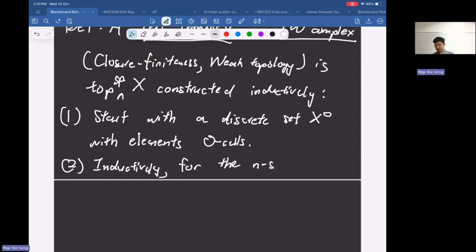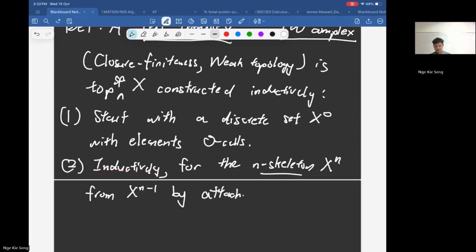So what's this n skeleton here? We will attach n cells to the n minus 1 skeleton to get the n skeleton, via what we call the attaching map.